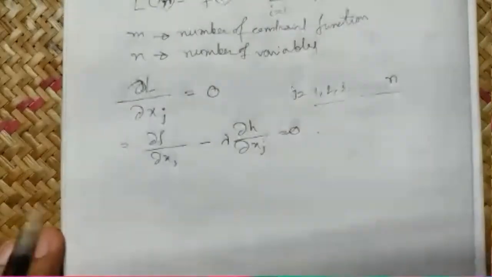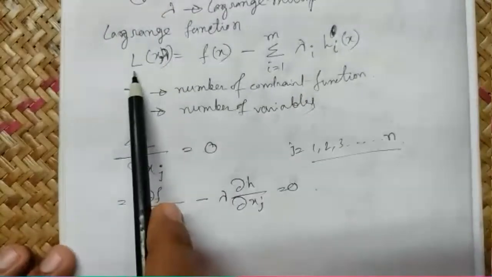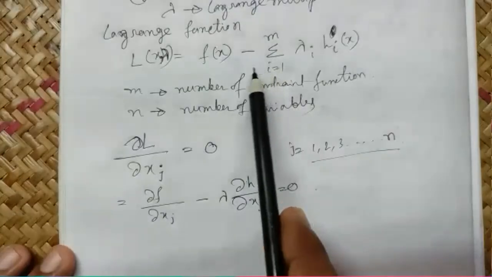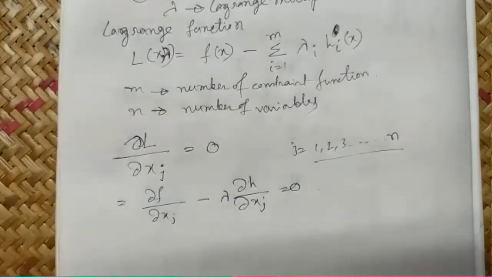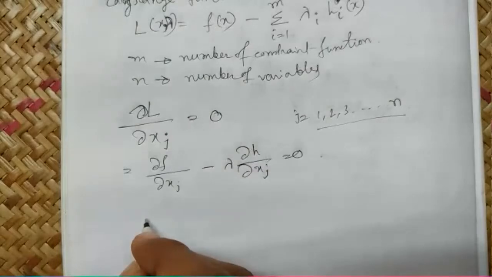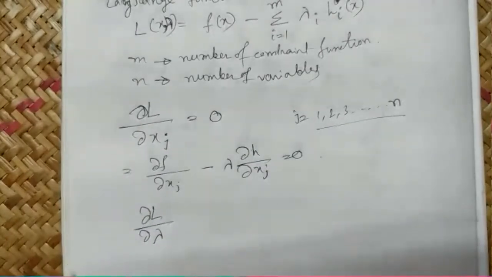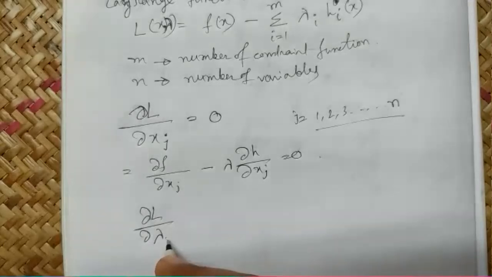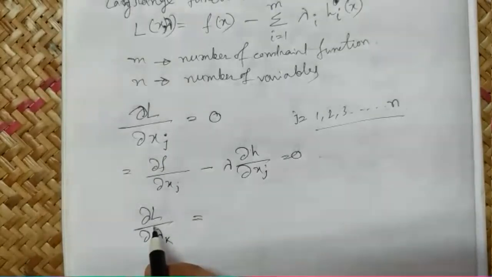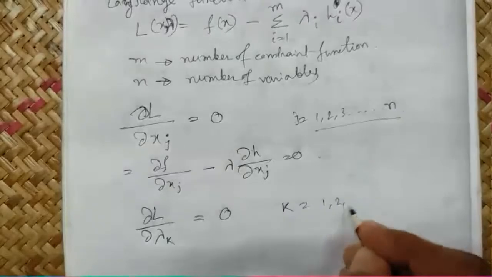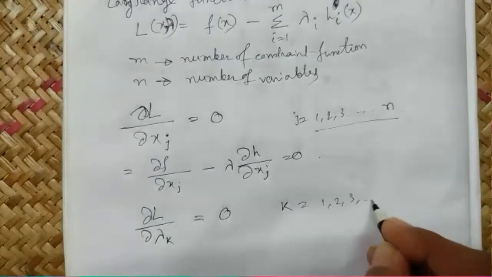So what are we doing? We have made the Lagrangian function, and we are taking the partial derivative of this Lagrange function with respect to all the variables, and as well as we have to take the partial derivative of this Lagrangian function with respect to all the lambdas and equate it with 0, where k is equal to 1, 2, 3 up to the number of constraint functions.